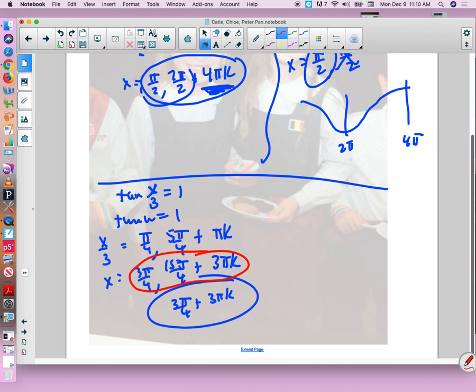Well, that satisfies it, because 3 pi over 4 plus 3 pi k is equal to 15 pi. You might notice that satisfies it, because this turns into 12 pi over 4, and you would hit 15 going around. What's the period of tangent? Pi.